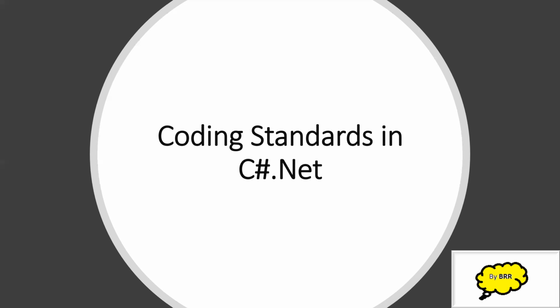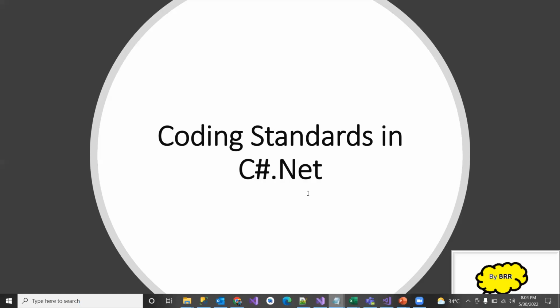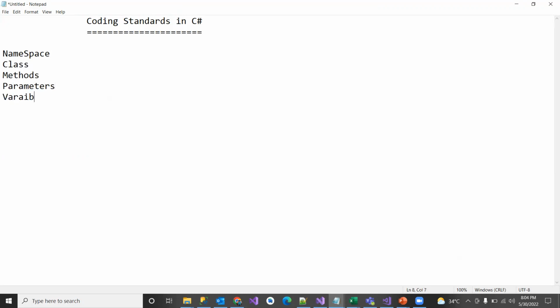I'll explain them in my notepad here, like coding standards in C Sharp. So when you are developing a program, we must look at areas like namespace, class, methods, parameters and variables.